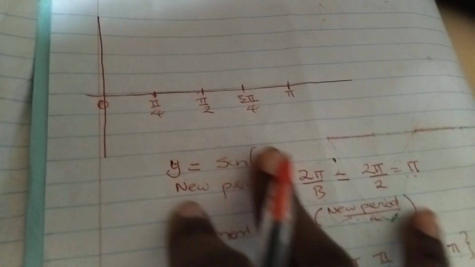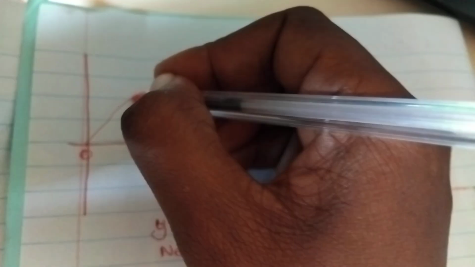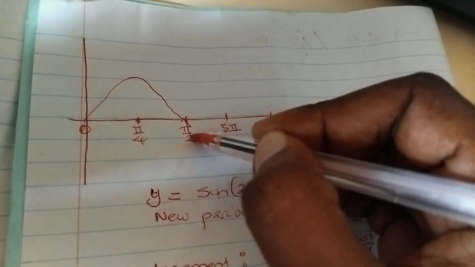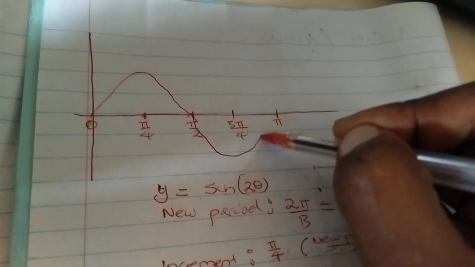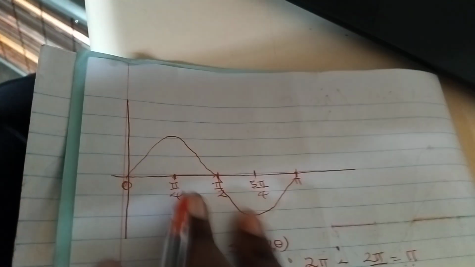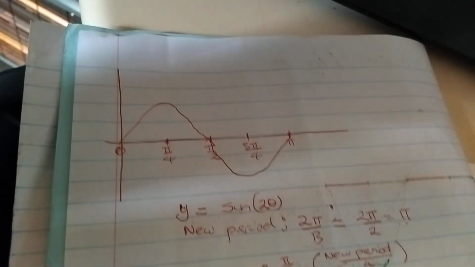And how are you going to draw this curve? You know, from sine, you start from here, you get a peak there, you cut the x-axis right there, you go to -1, and you end here. It's as easy as it can be.